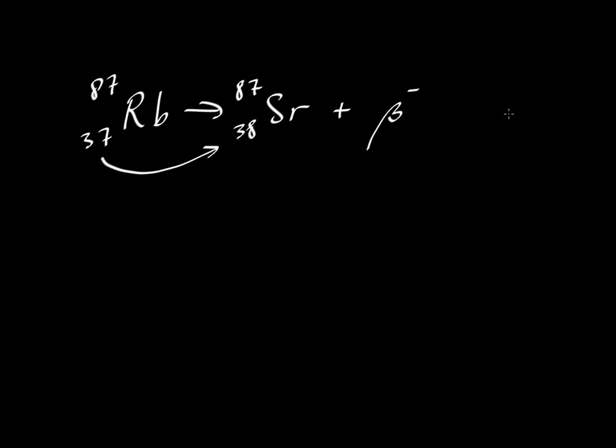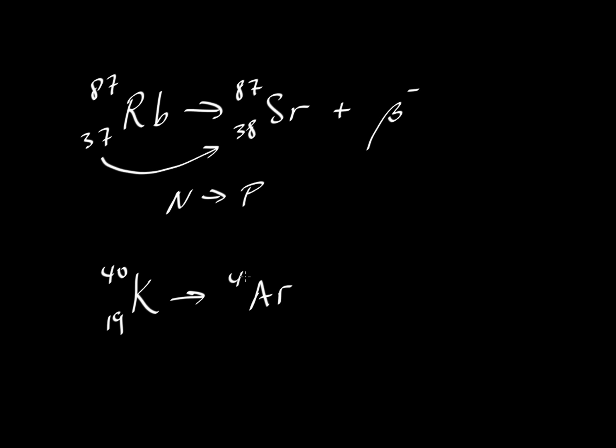And here we'll just ignore the neutrino or antineutrino and energy part. We have a beta decay where a beta particle is leaving the nucleus and a neutron is converted into a proton. And then just one final example, we can have potassium 40 with an atomic number of 19, and it can decay into argon 40 with an atomic number of 18.